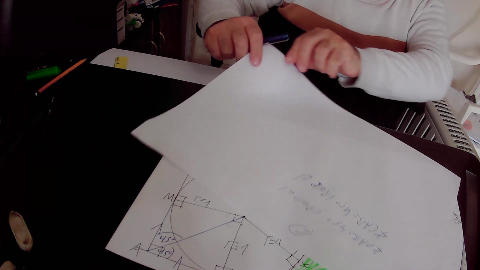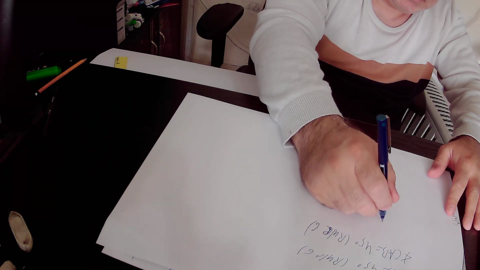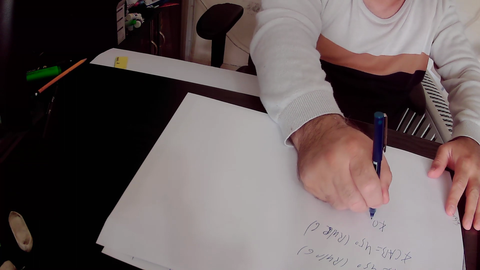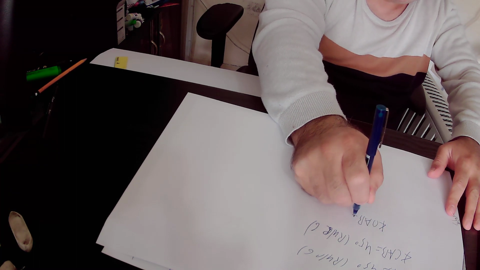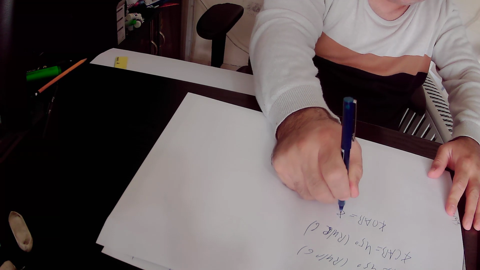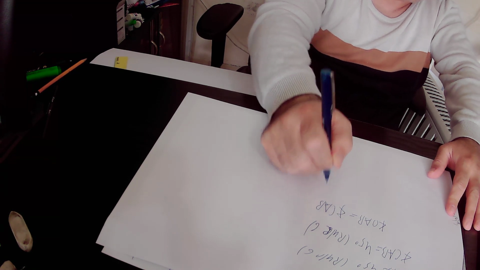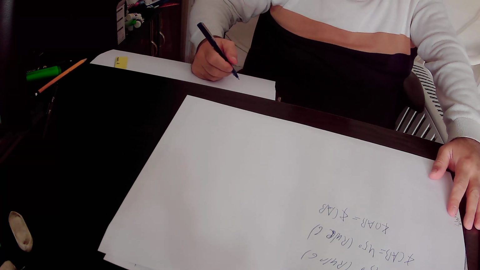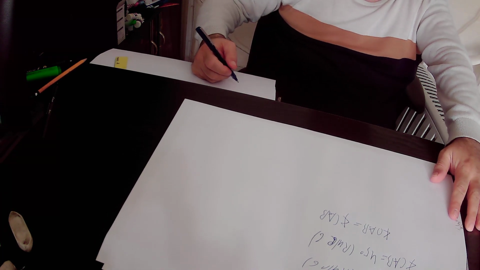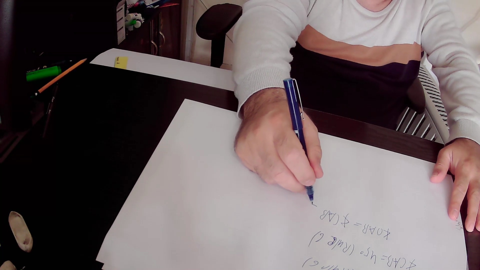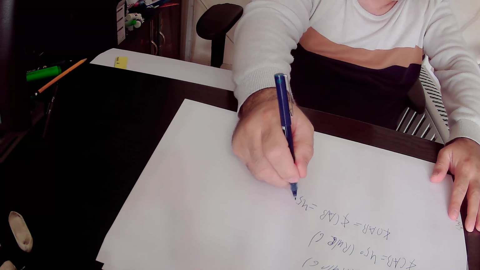So we can write down that angle OAB equals angle CAB, and they are both equal to 45 degrees.